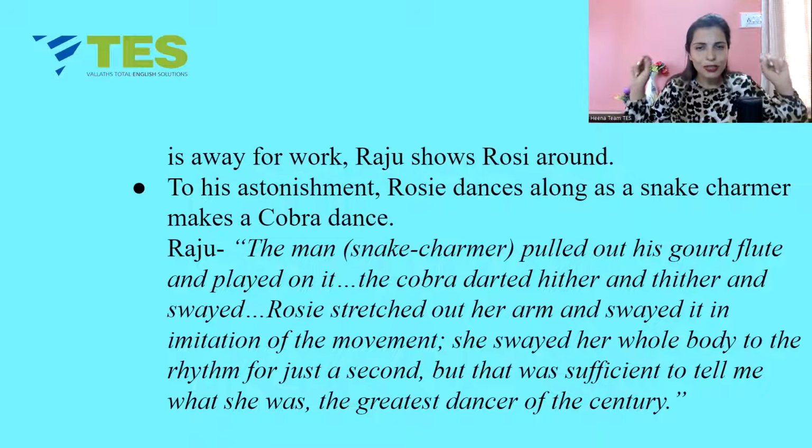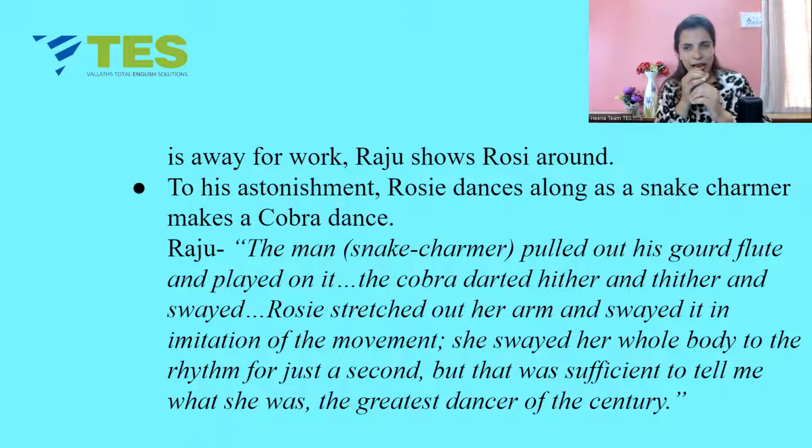Look at what Raju says. The man, the snake charmer, pulled out his gourd flute and played on it, like how the snake charmers play. The cobra darted hither and thither and swayed like how the cobras dance. Rosie stretched out her arm and swayed it in imitation of the movement.